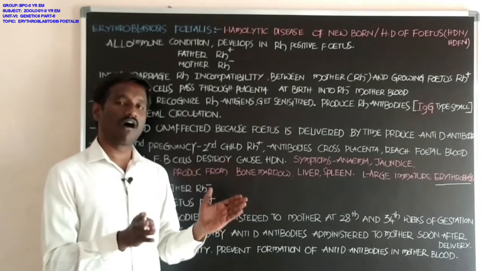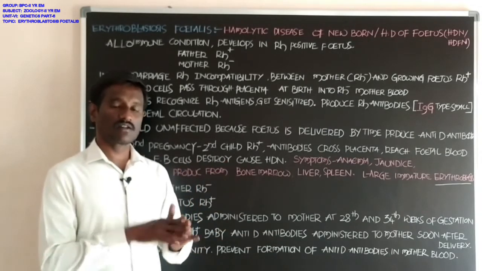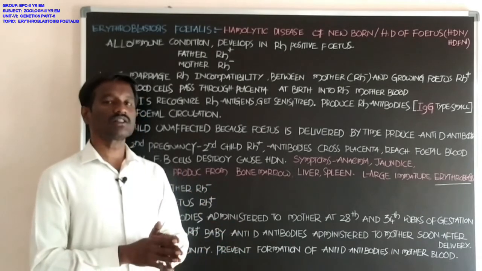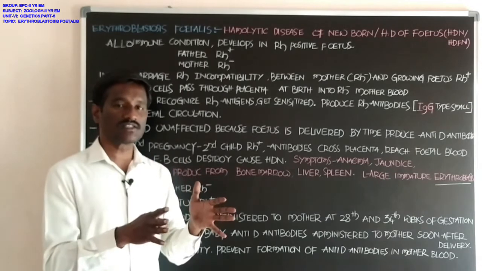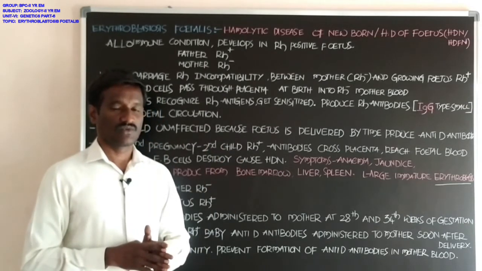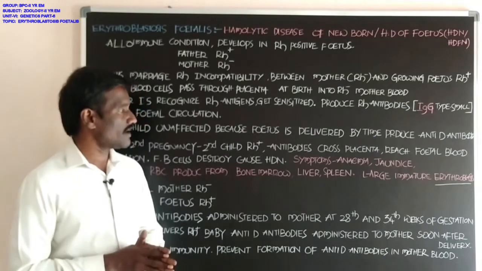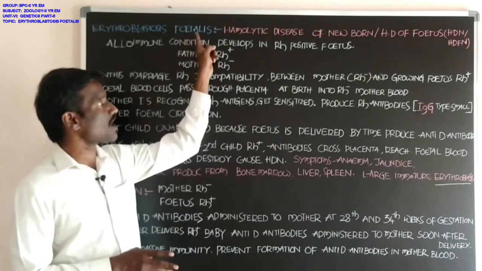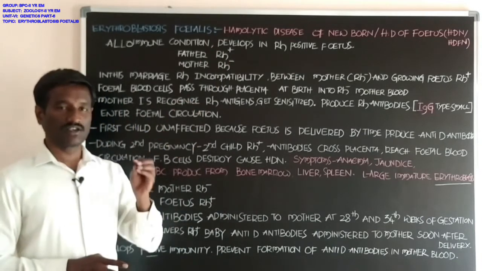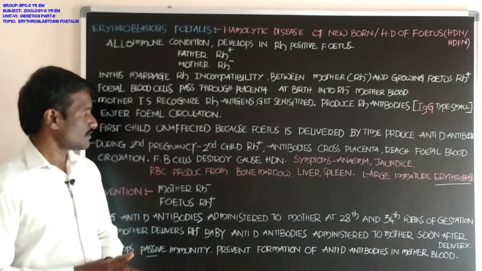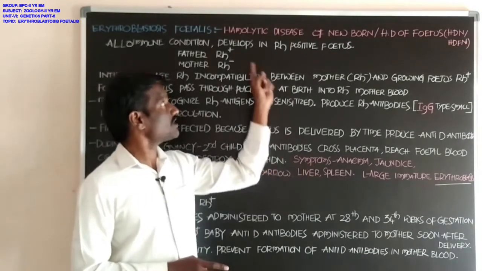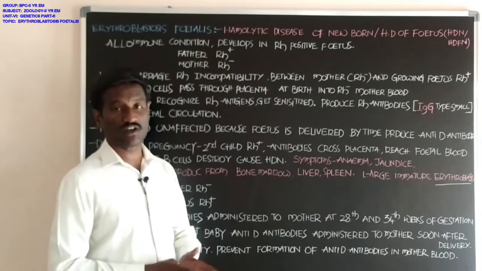Antibodies attack the Rh antigen on the red blood cells of the fetus. All the fetal blood cells go to destruction and this causes erythroblastosis foetalis.